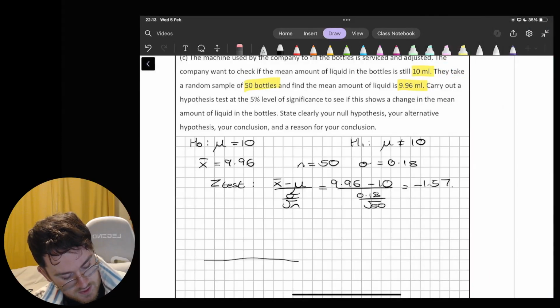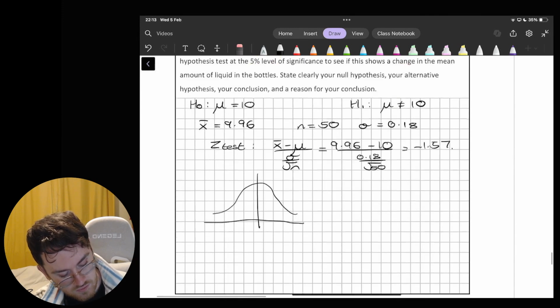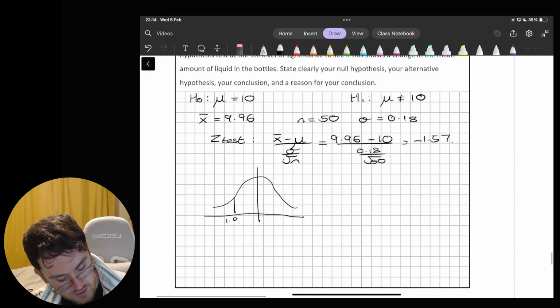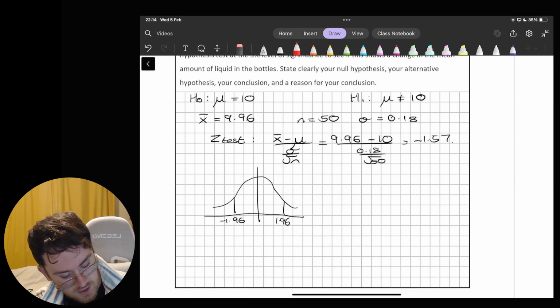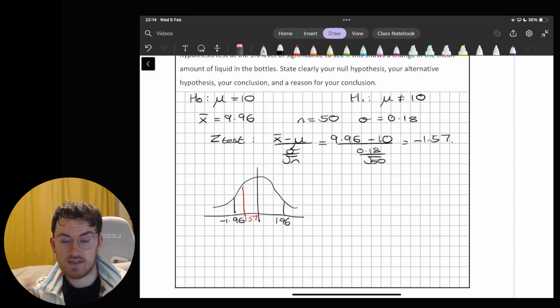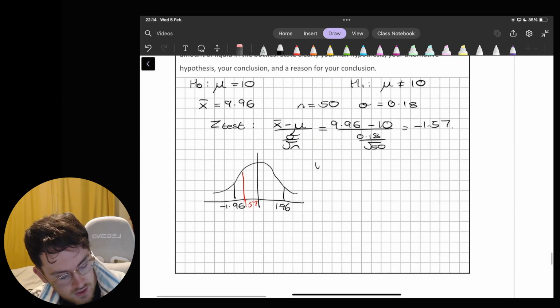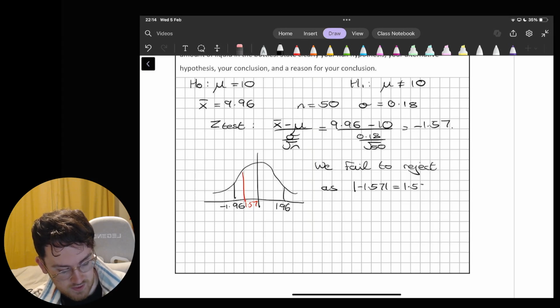If I consider my regions here, I know that the critical regions are minus 1.96 and plus 1.96. This value of minus 1.57 is about here. It falls within that fail to reject region, so therefore we fail to reject. We fail to reject as the absolute value of minus 1.57, which of course is just 1.57, is less than 1.96.